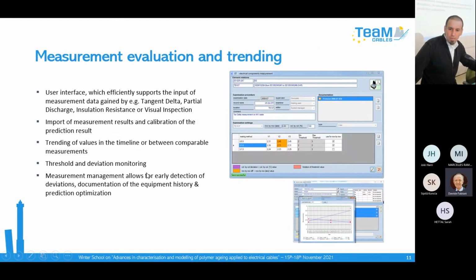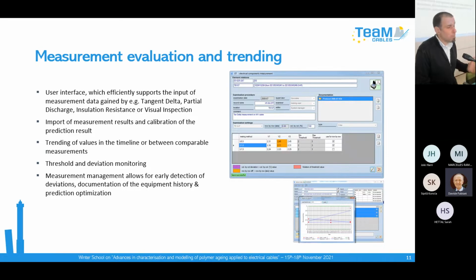And the last point I will highlight, then I come to the end, is very important: the trending. The cables are being measured yearly, for example, or each 5 years. It depends on application and who is performing that.